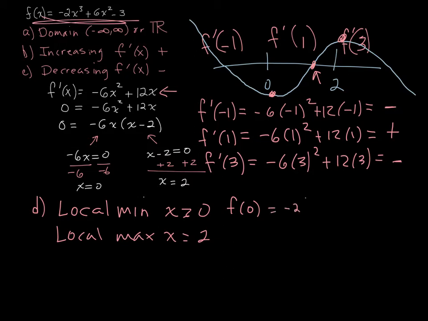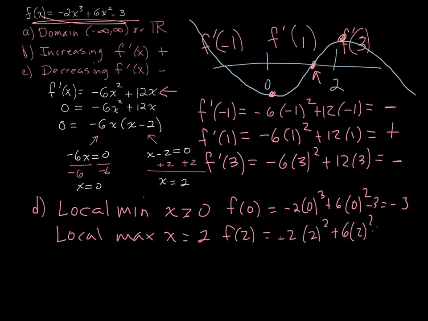So f of 0 is negative 2 times 0 cubed plus 6 times 0 squared minus 3, and I get negative 3. F of 2, negative 2 times 2 cubed plus 6 times 2 squared minus 3, and I get 5.